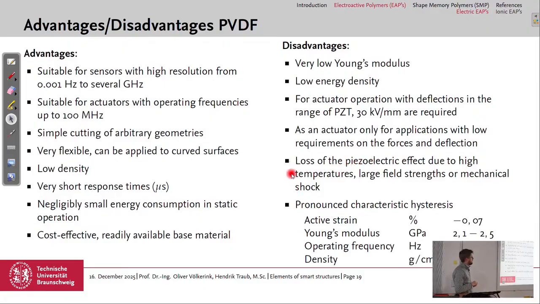And again, it loses its piezoelectric effect like the piezo ceramic when we go up to too high temperatures and melt the material again, going back to the alpha phase, or if we have large electrical field strength or mechanical shocks.